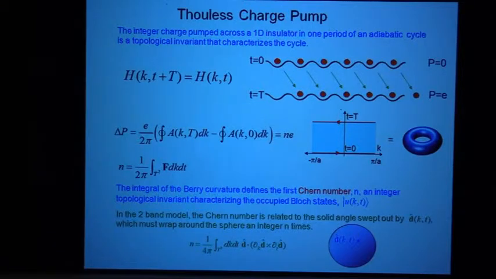Okay, and so I can compute the change in the polarization as the difference between the Berry phase at the beginning and the Berry phase at the end of the cycle. Okay, now the thing we know is that the Hamiltonian at the beginning and at the end is the same. So there's a sense in which the Berry phases have to be the same, except the Berry phase is only defined modulo an integer. It has this intrinsic ambiguity. Okay, and so the interesting thing then is if this change can be an integer.